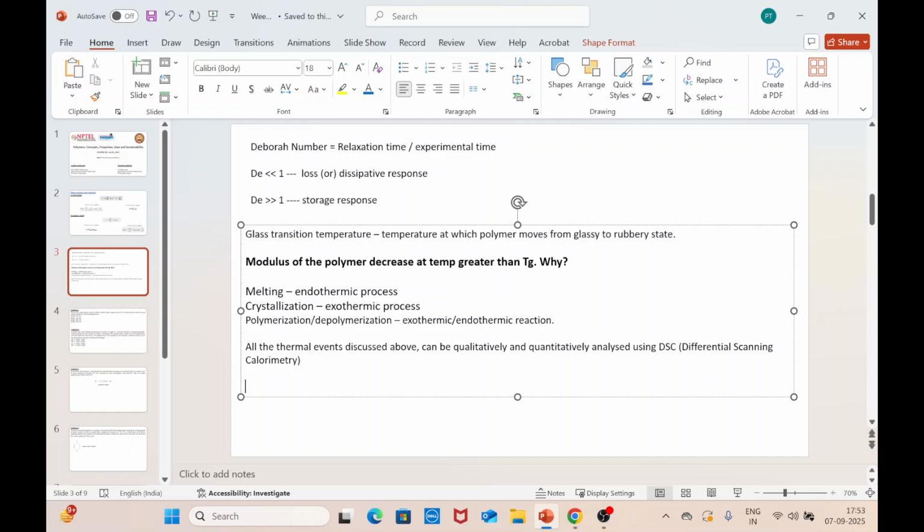Again, speaking of these events, in case of conducting polymers, the interesting fact is that even though the conducting polymers have a glass transition phenomenon, that kind of step change which you observe for the other polymers is not visible in case of the conducting polymers, and you cannot observe the crystallization peak in case of the conducting polymers.